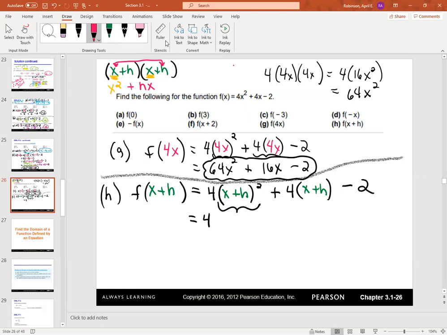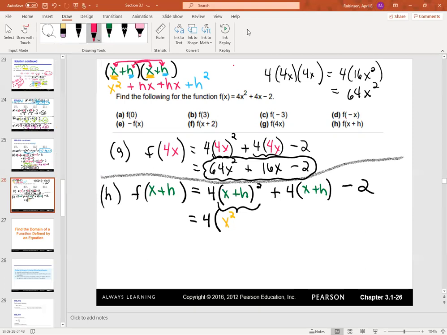And then if you do the insides, you get another hx. And then last times last is h times h, which is an h squared. So down here, I'm going to have x squared.